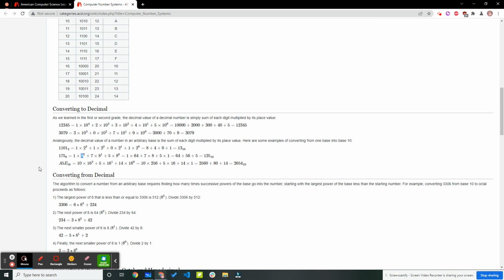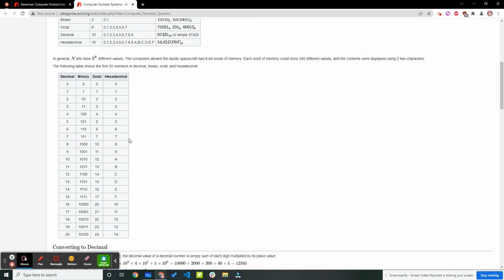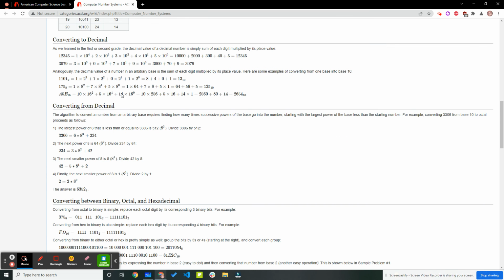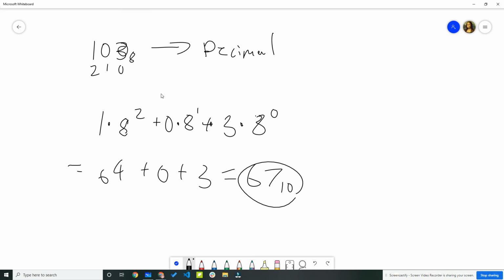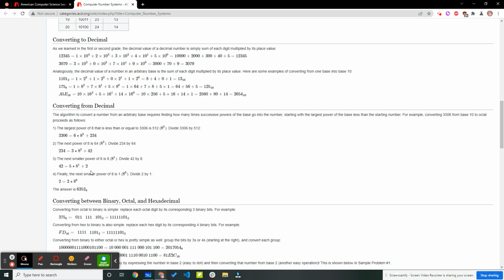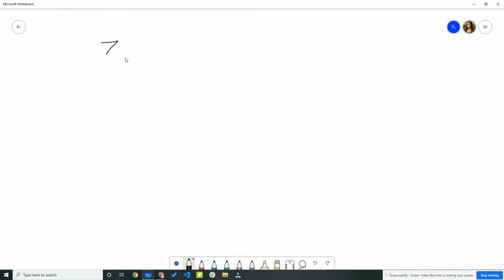That's how you do it. And then finally, for hexadecimal to decimal, since its base is 16, you do the same thing, but with 16. For example, let's do just 7 in hexadecimal.